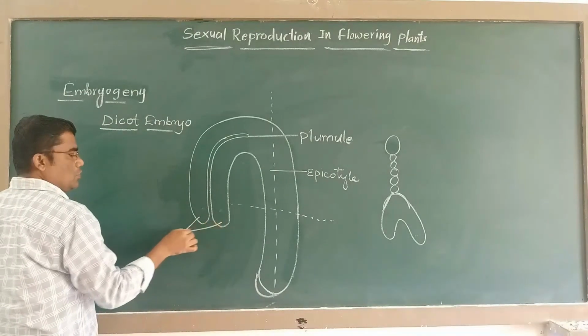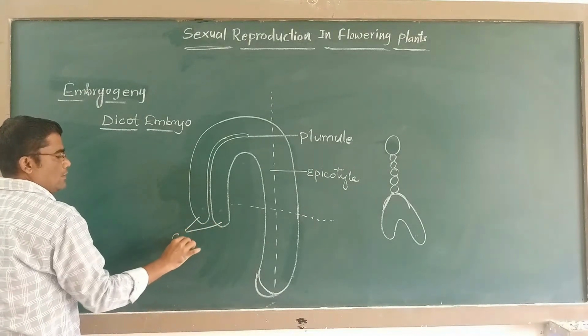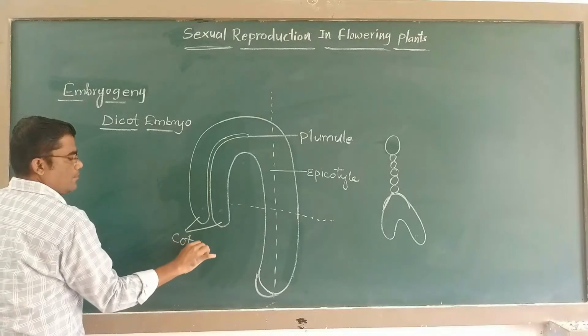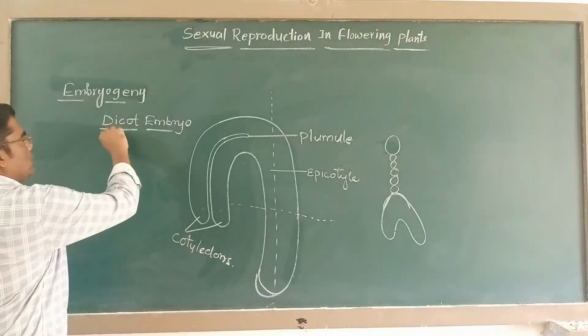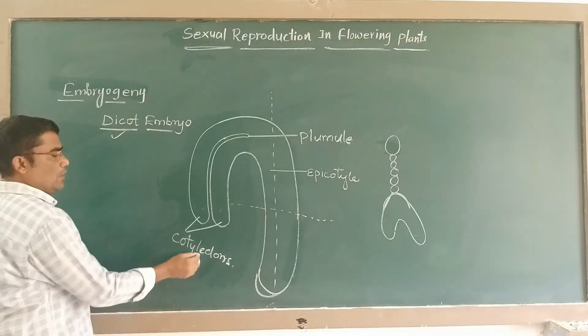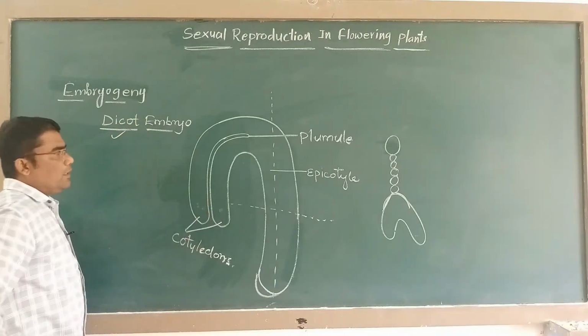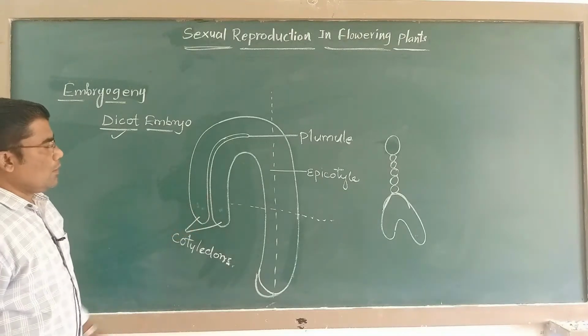And these two structures are cotyledons. We know that this one is the dicot embryo, so here we observe two cotyledons.